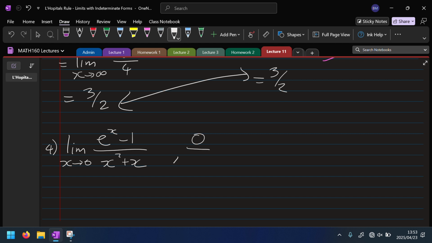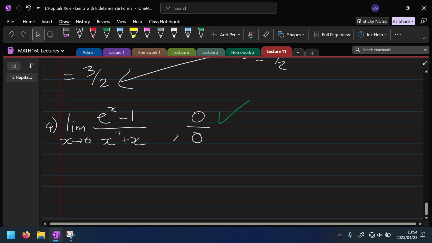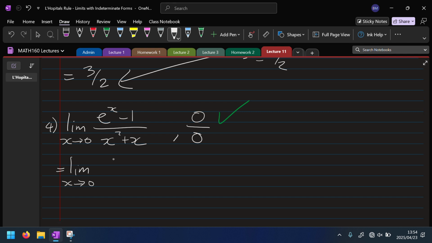So this is 0 over 0. That's what we want. It must be either 0 over 0 or infinity over infinity. Condition 1, check. You can check the others for yourself. Okay, so we can use L'Hopital's rule. So this will be the limit as x goes to 0, e to the x minus 1 prime over x squared plus x prime.